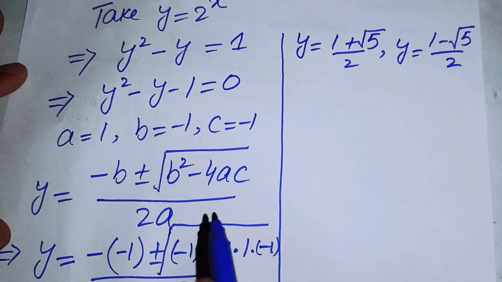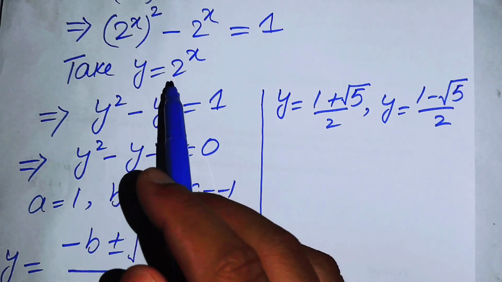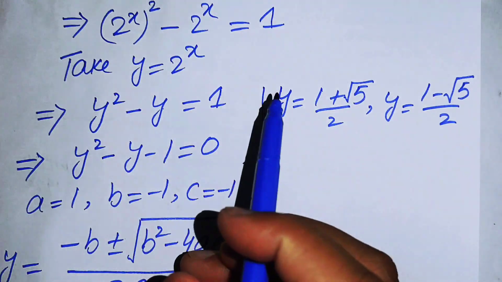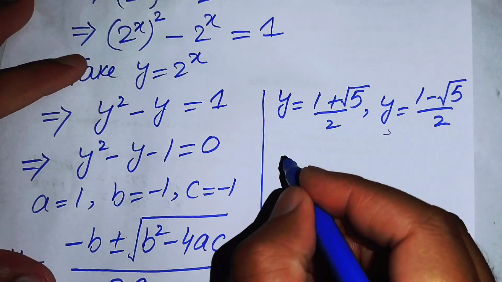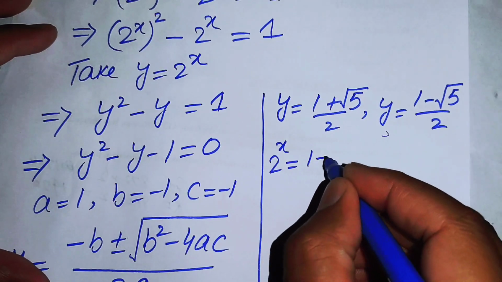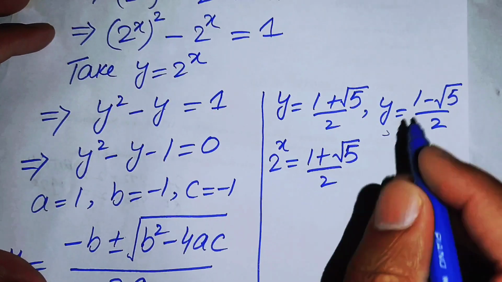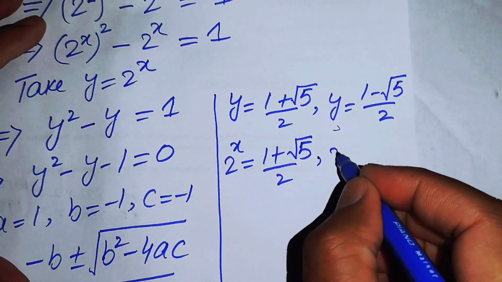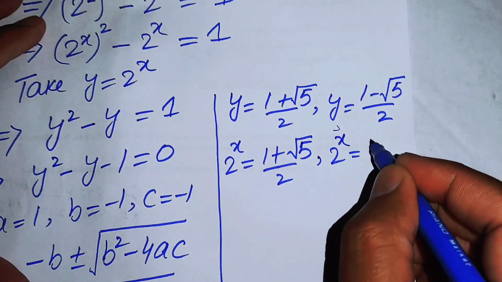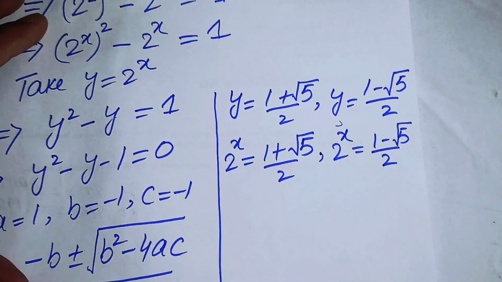After that we will substitute the value of y. Here you have the value of y is equal to 2 to the power of x, so we will substitute, and it becomes 2 to the power of x is equal to 1 plus square root 5 over 2, and 2 to the power of x is equal to 1 minus square root 5 over 2.